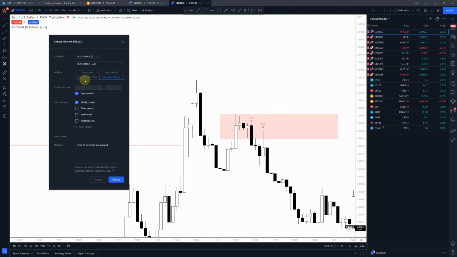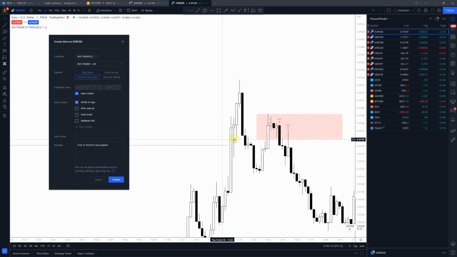I recommend you set it to once per bar close, which will make the alert repeat itself for unlimited time, so it will work forever. So every time some bar closes, which in this case will be this candle, and the area of interest pops, which happened, you will be triggered once for this area of interest. So you won't be alerted on any other bar. You will be alerted just once when this area of interest happens.